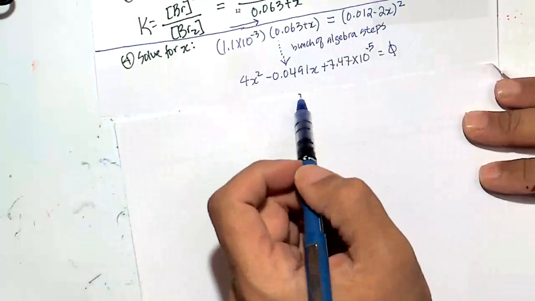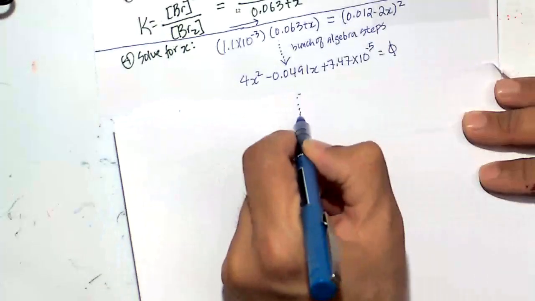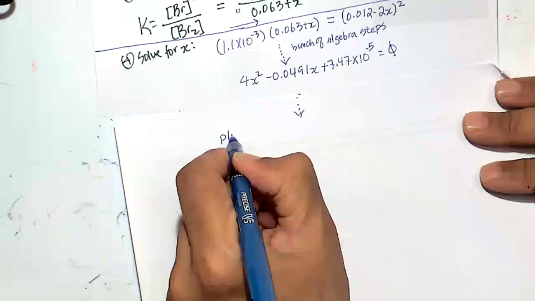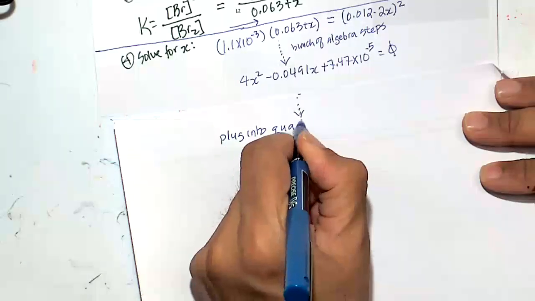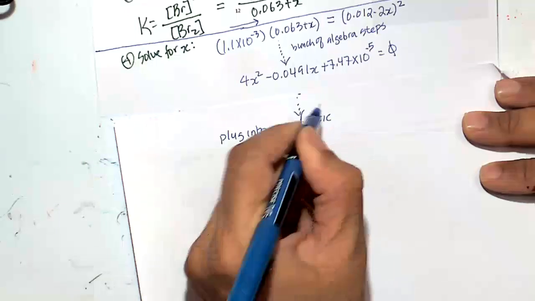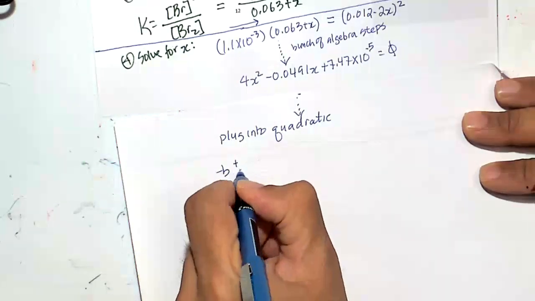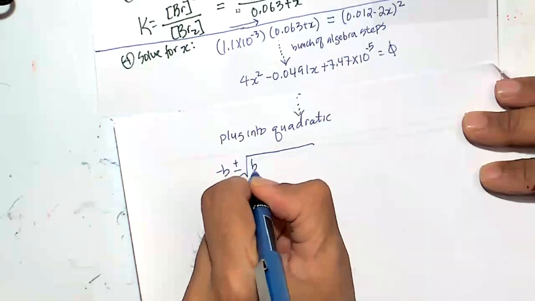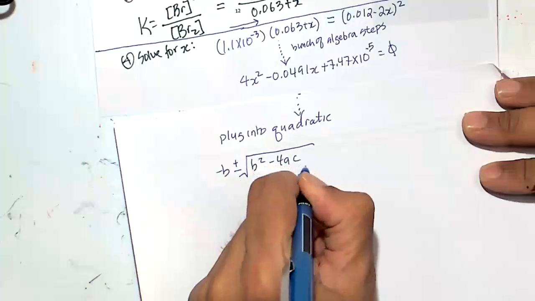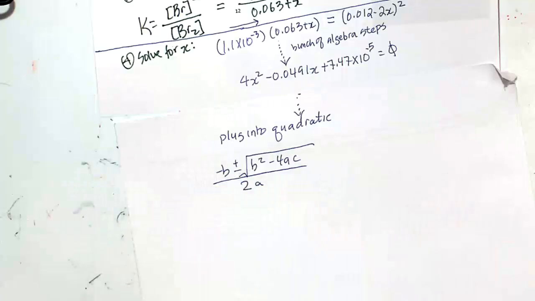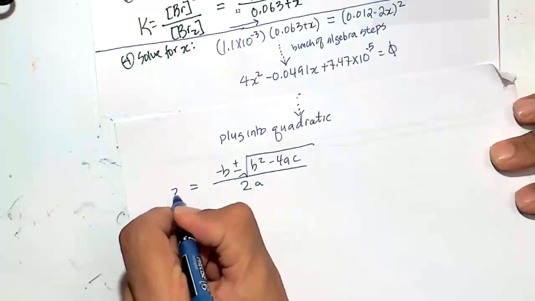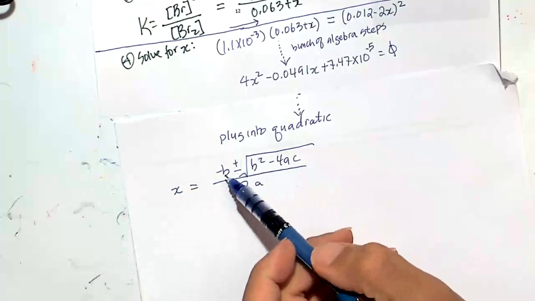Good job. So to solve for x, we'll plug it into the quadratic: minus b plus or minus the square root of b squared minus 4ac, all of that divided by 2a. All right, so this is the value of x.